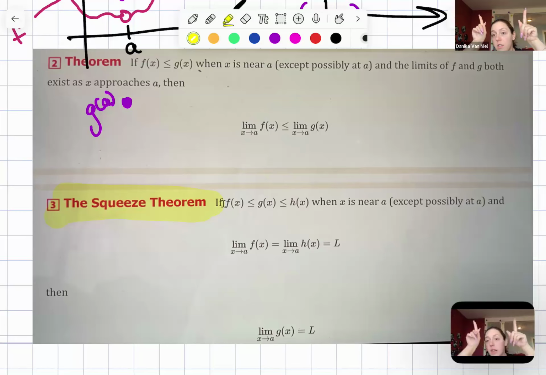I know it's hard to visualize without an example, but if we have time, I will give you one. Usually we're handed a G and asked to find the limit of G, and we're like, geez, Louise, I don't know. So then we produce an F and an H such that we can use the squeeze theorem to figure out the limit of G.